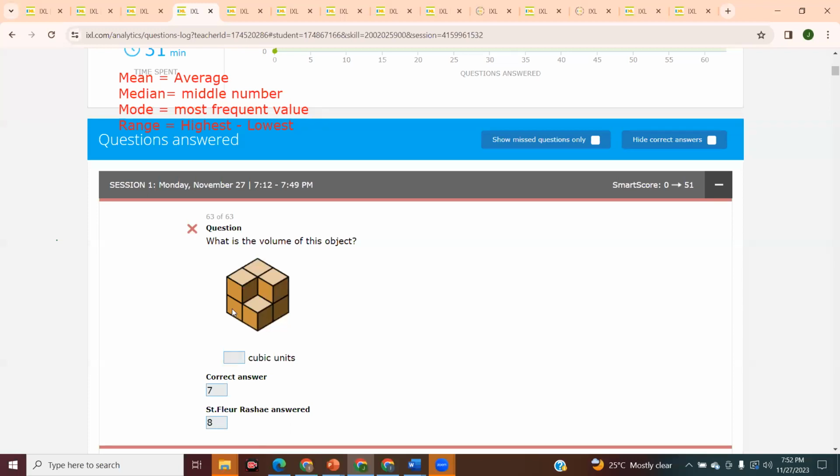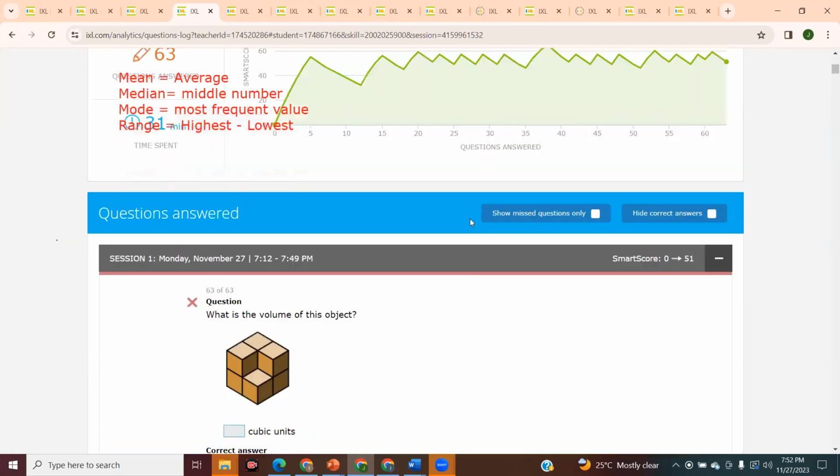Yes, sir. So the bottom is 4: 1, 2, 3, and then 1 at the back makes it 4, and then 1, 2, 3 on top makes it 7. You understand that? Rashay, do you understand that? Okay.